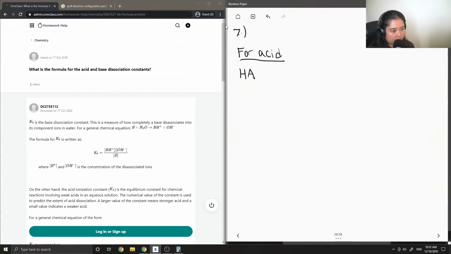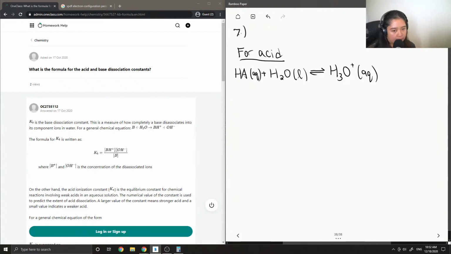When it is dissociated in water, HA aqueous plus H2O makes the hydronium ion, which is H3O plus, and A minus.